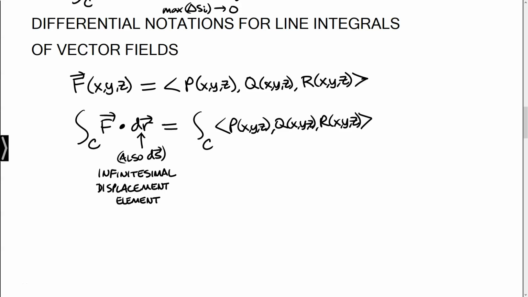So the infinitesimal displacement element can be written as just dx, dy, dz. So it's just the vector that has the little changes in the x, y, and z direction put into a vector. So we're going to dot with that.